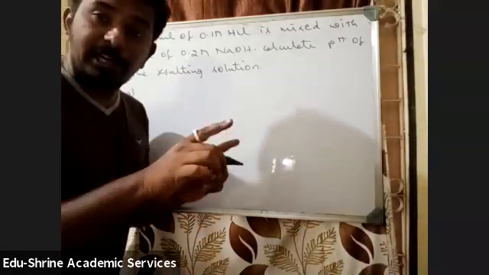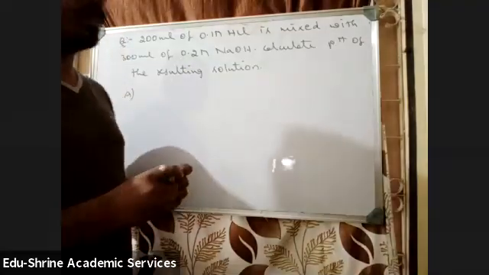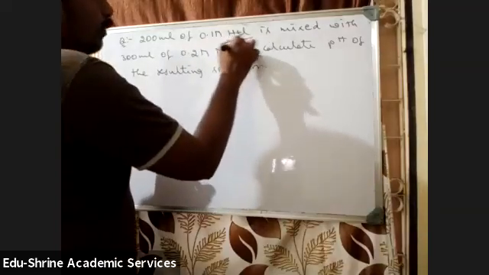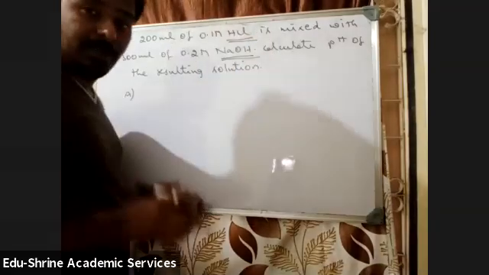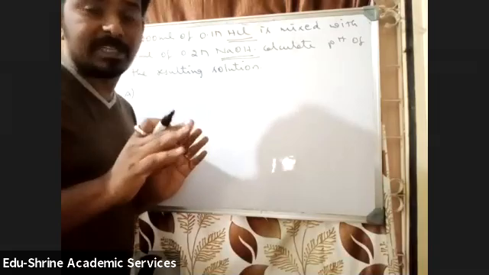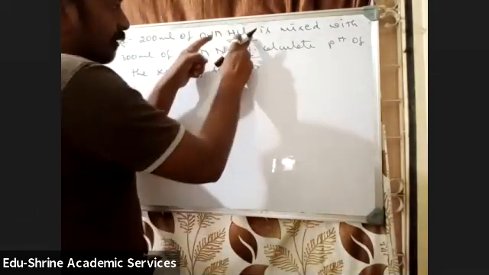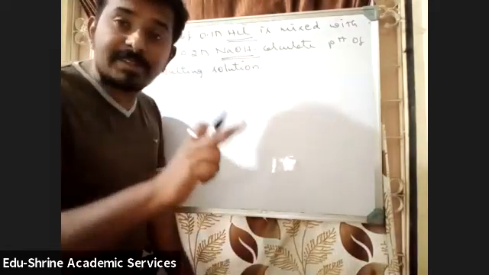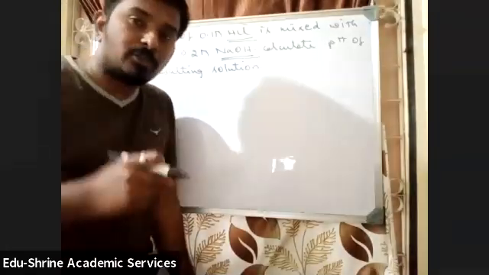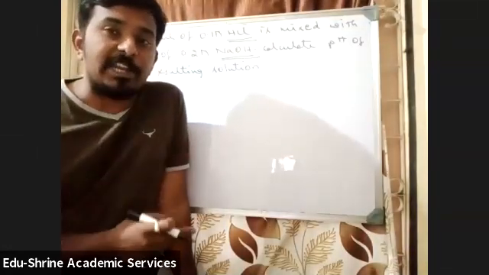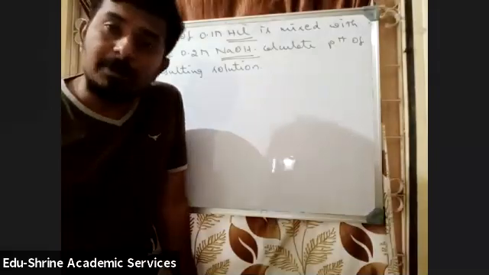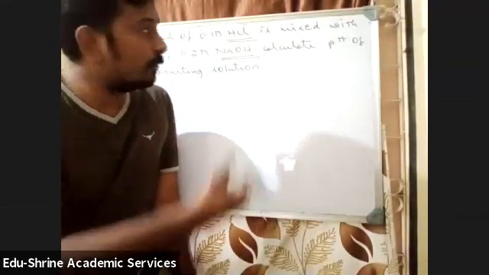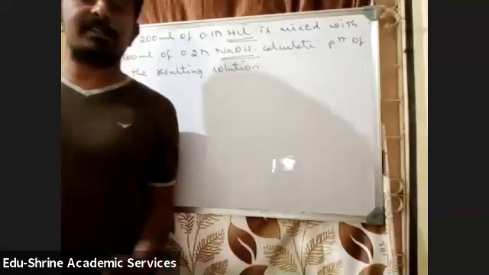From the question, you need to identify which condition it is. You can see one is an acid, the other one is a base. No Ka value, no Kb value is given. That means it is a question belonging to a mixture of strong acid and strong base. So immediately the thing must strike in your mind how to calculate the pH. You know the procedure, solve and tell me the answer.